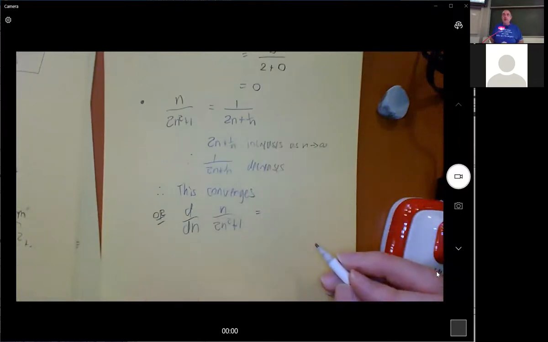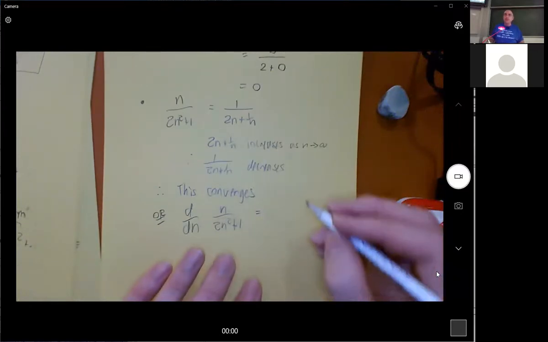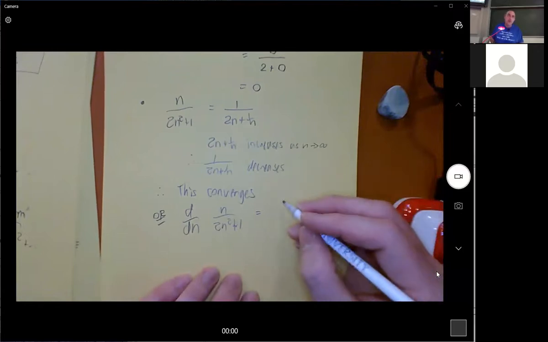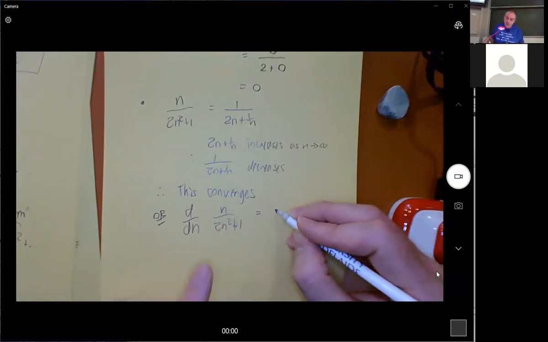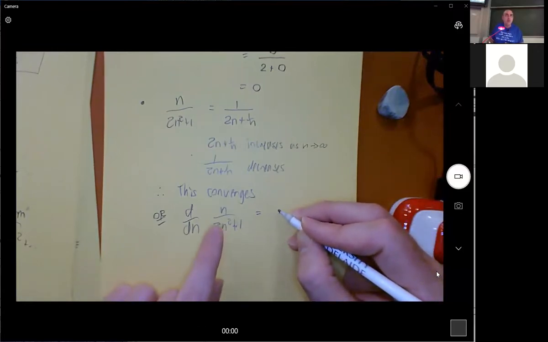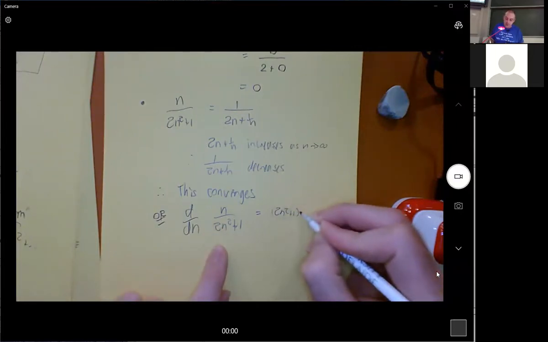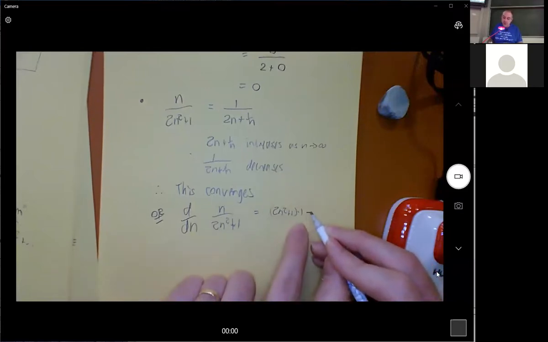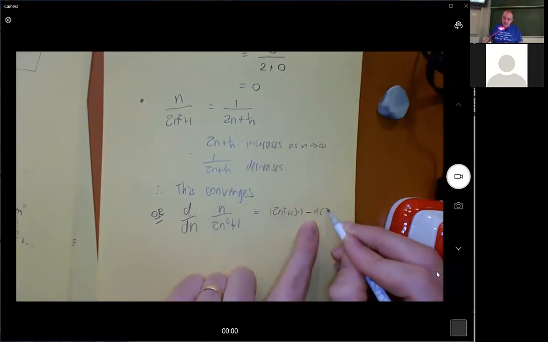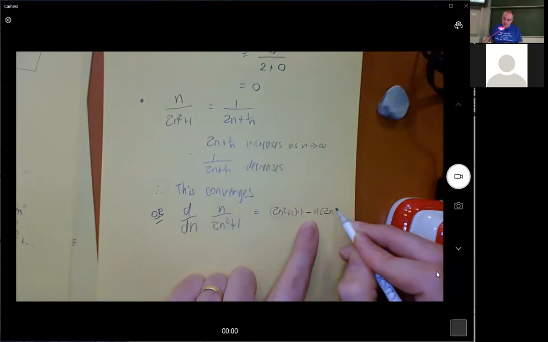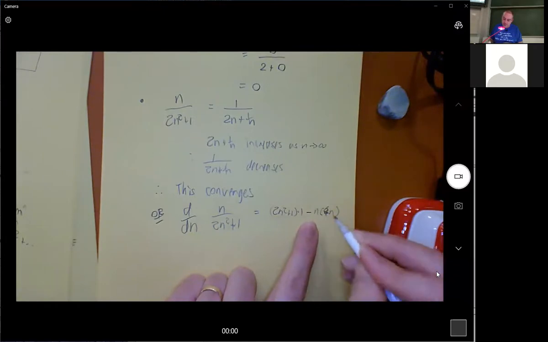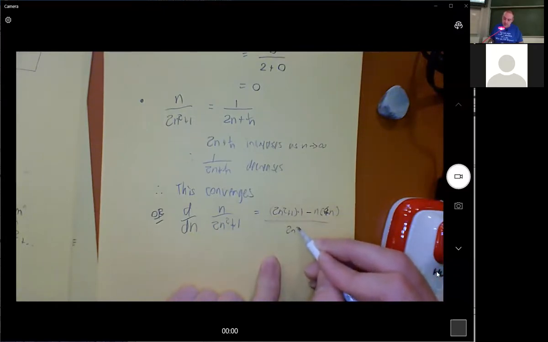Damn, it's the quotient rule, isn't it? Okay, so we keep the bottom, 2n squared plus 1, times the derivative of the top, minus keep the top and differentiate the bottom, which is 4n, divided by the bottom squared.